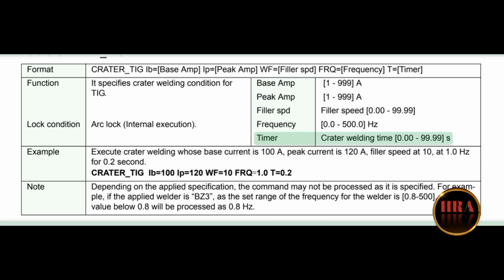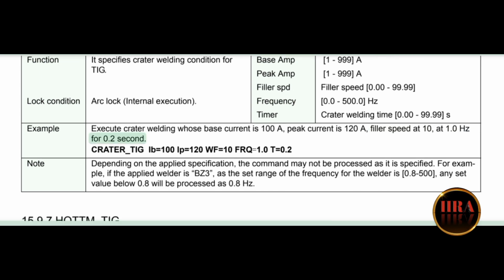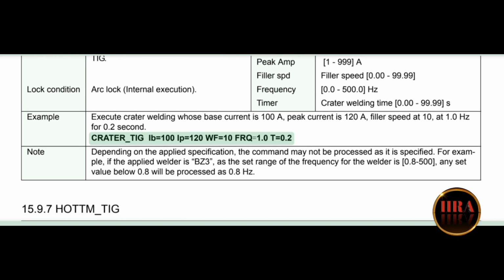Timer: crater welding time, 0.00 to 99.99 s. Example: execute crater welding whose base current is 100 A, peak current is 120 A, filler speed at 10, at 1.0 Hz, for 0.2 second. Crater_TIG IP equals 100 IP equals 120 WF equals 10 FRQ equals 1.0 T equals 0.2.